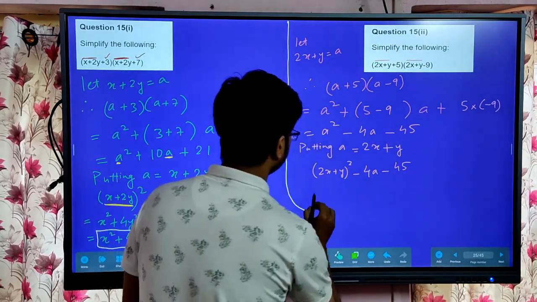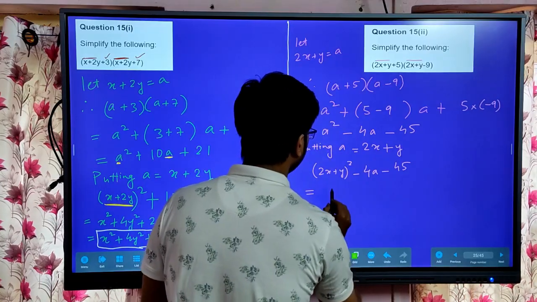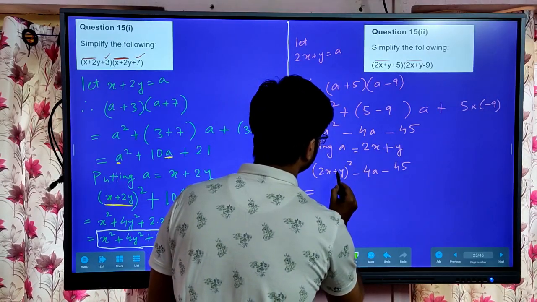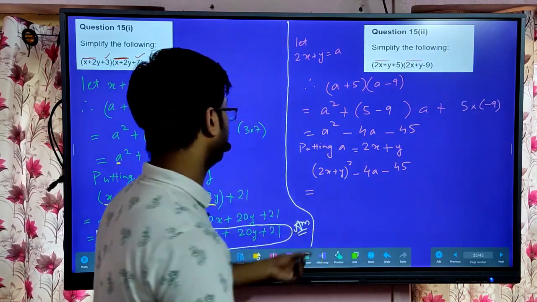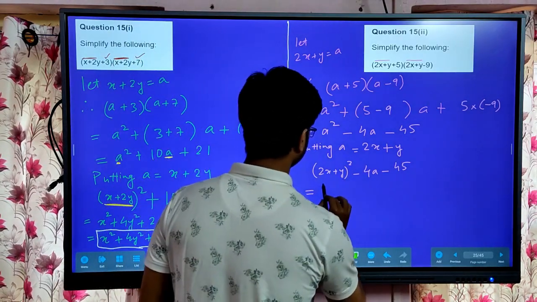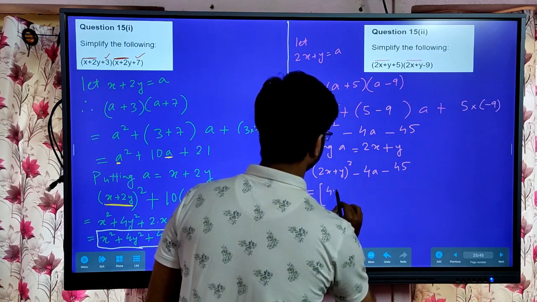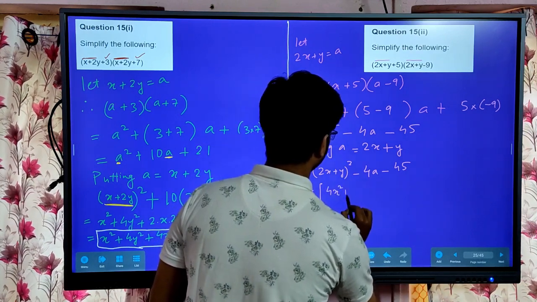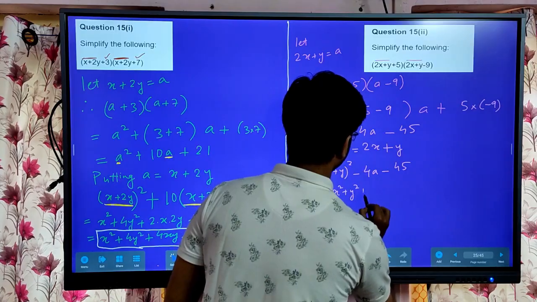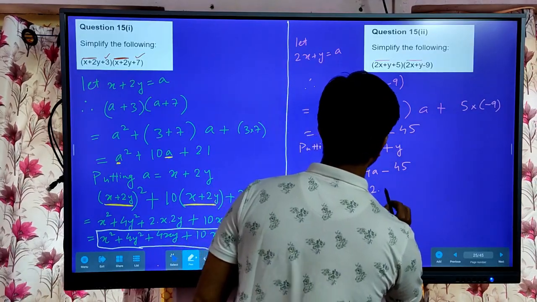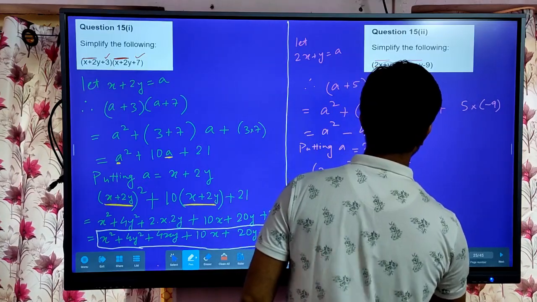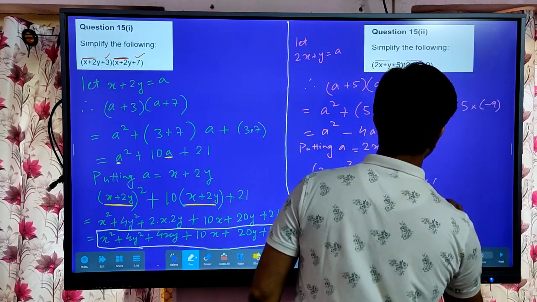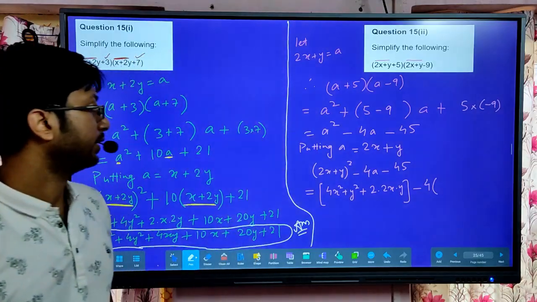So you have to expand this using the a plus b whole square formula. So it will be 4x square plus y square plus 2 into 2x into y, 2ab. Then it is 4 into 2x plus y.